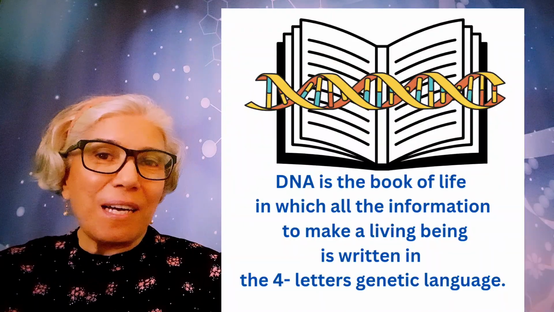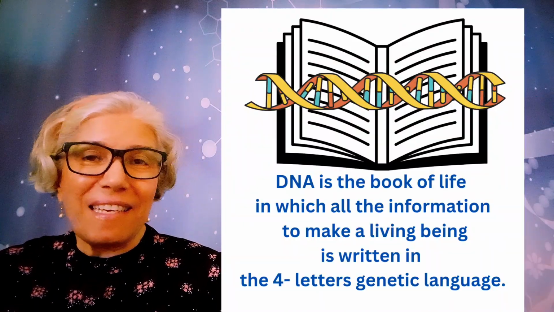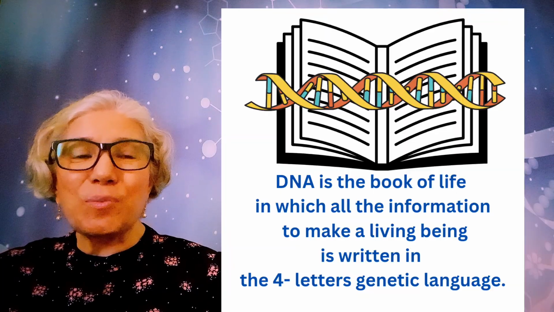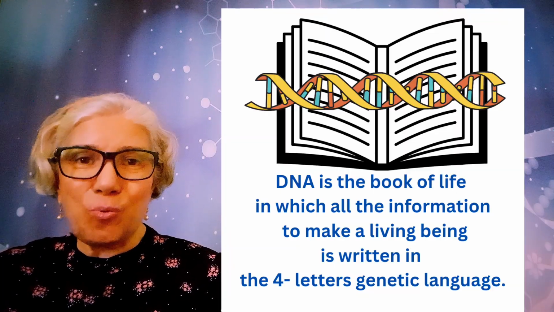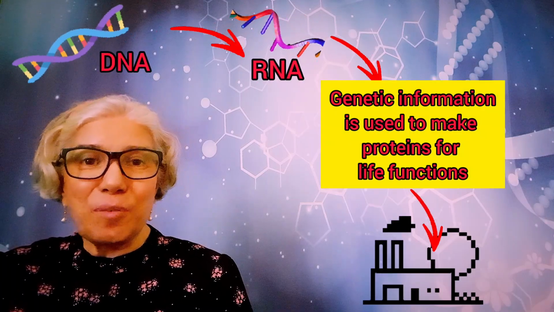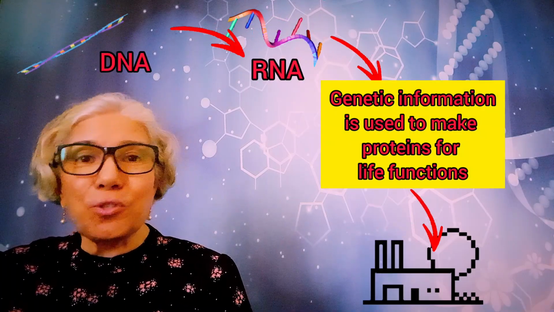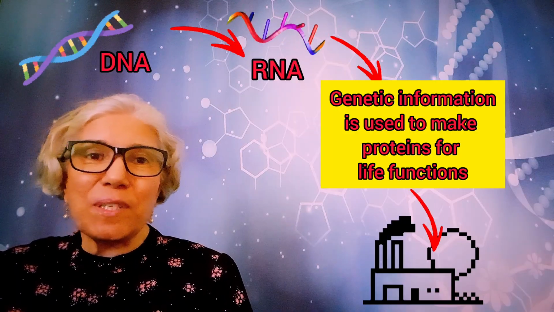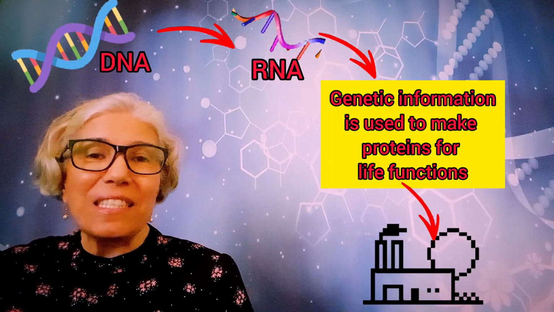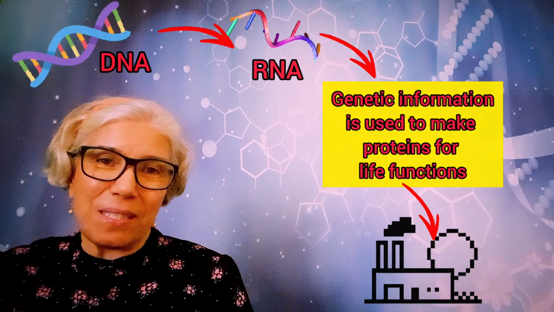We mentioned that we may think of DNA as the book of life, where all the chemical instructions for making a living being are stored. And think of RNAs as the helper molecules, which take some of the information and instructions stored in DNA and transfer them to special factories to make and build the proteins needed for all life functions.